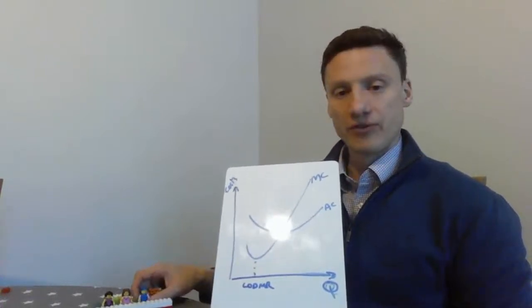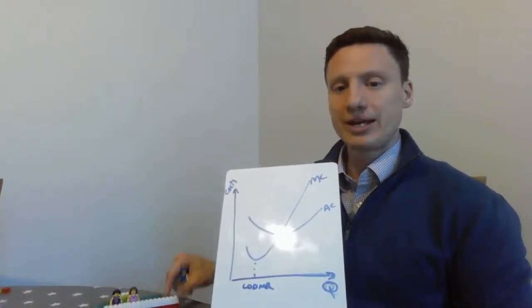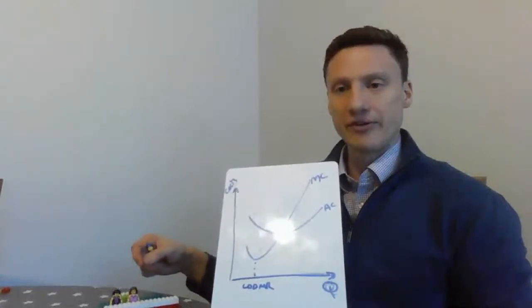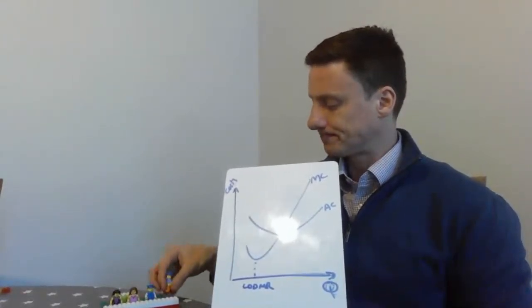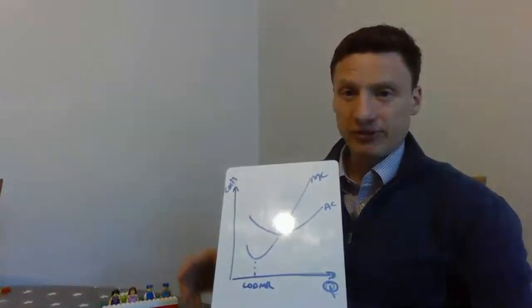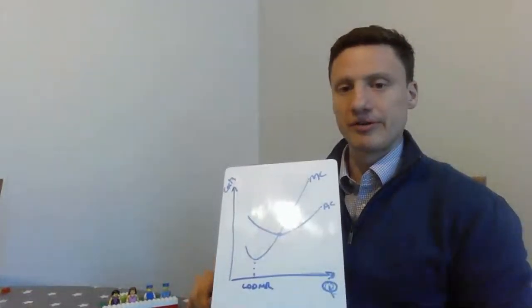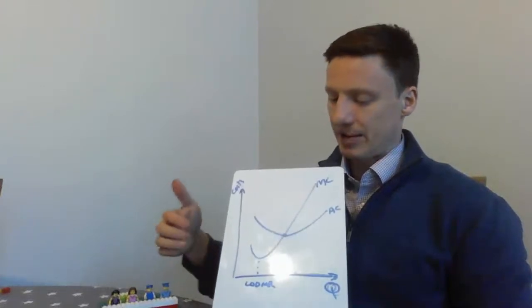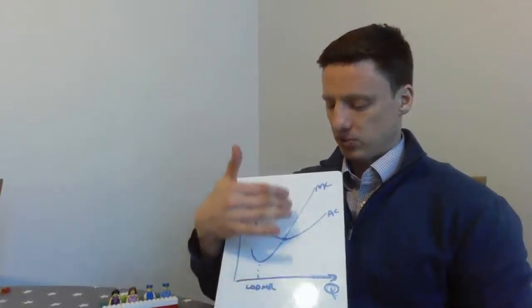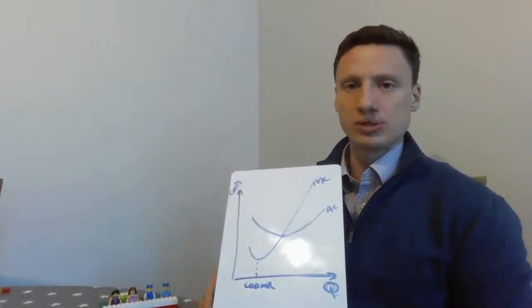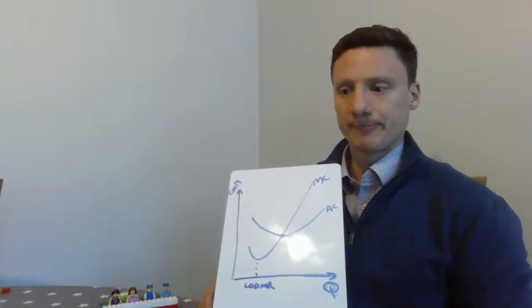So yes, you will get increasing marginal returns at very low levels of labor. But once you hit a certain number, which will be different for different firms depending on the industry, that's when the law of diminishing marginal returns kicks in, and you get the upward sloping marginal cost curve.